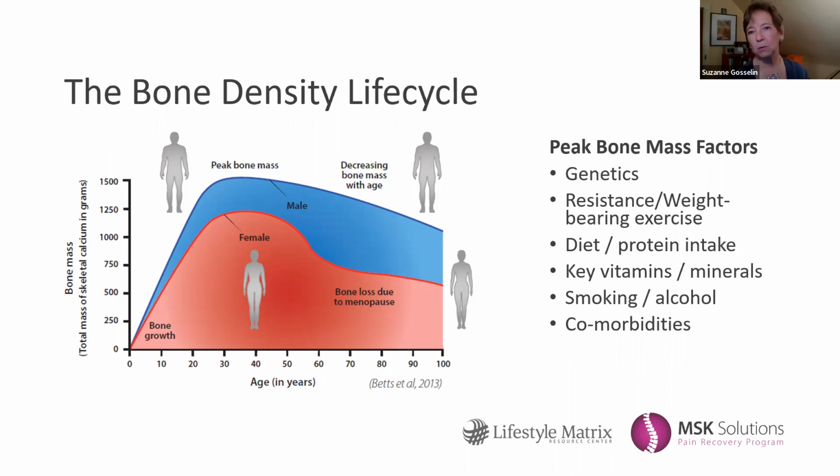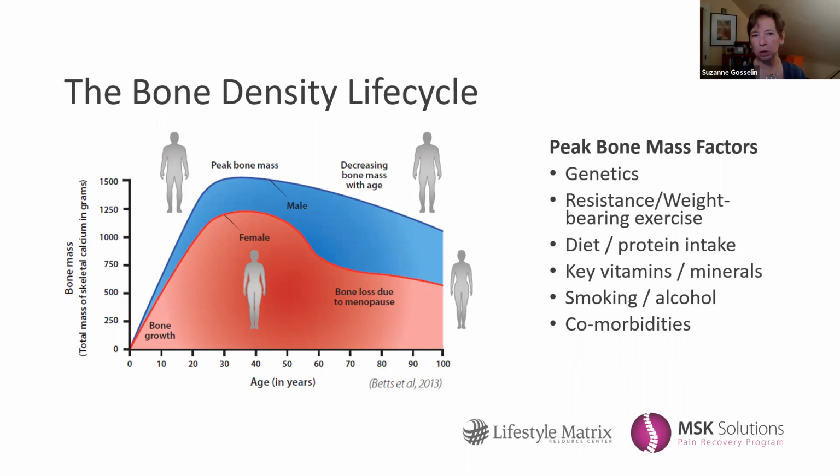So this is another indicator of what your fracture risk might be: if you were in a situation in your first, second, and maybe into your third decade of life where you did not have the opportunity to maximally create peak bone mass, then that's the total amount of bone that you have to work with the rest of your life.